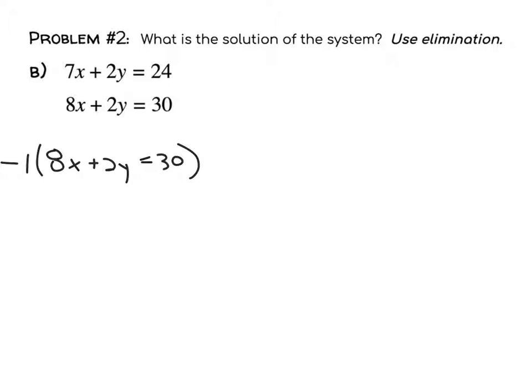Doing that and multiplying every term by negative 1, we get negative 8x minus 2y equals negative 30. We've changed the sign of everything.